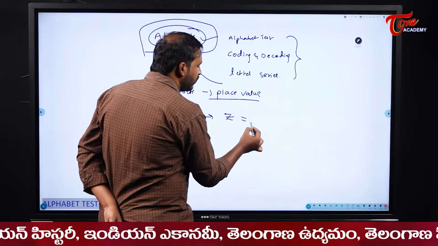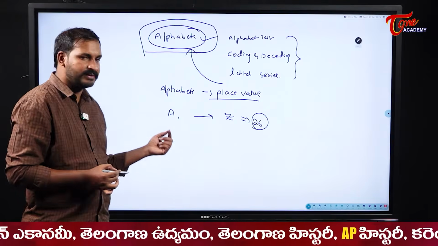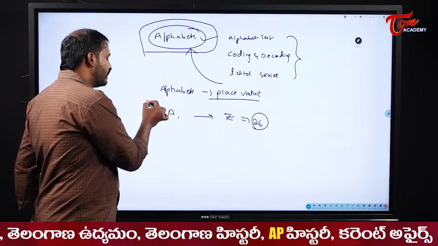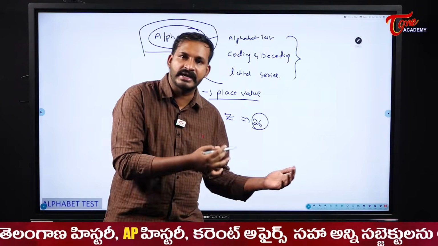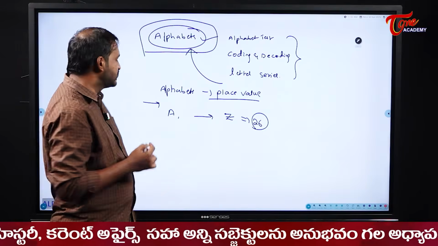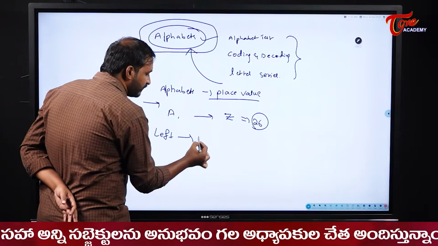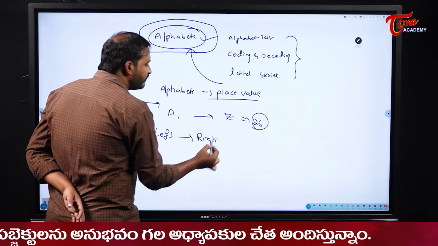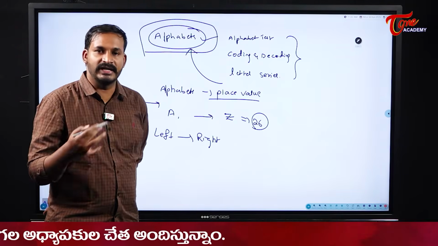Now, first of all, what is meant by this place value, sir? The place value is nothing but their position from the left side. Here, students, we should know the place values from left to right and right to left. Then only we can solve the questions effectively. We will first remember the place values from left to right, and based on that we will see the place values from right to left later.